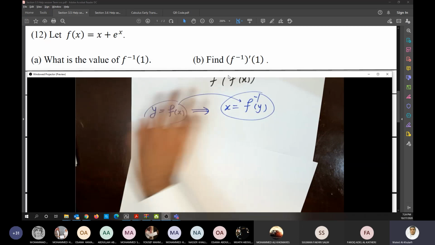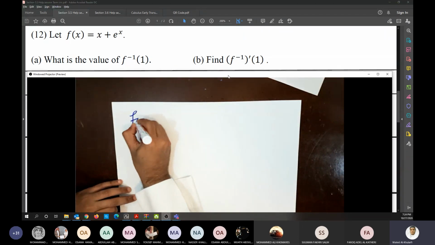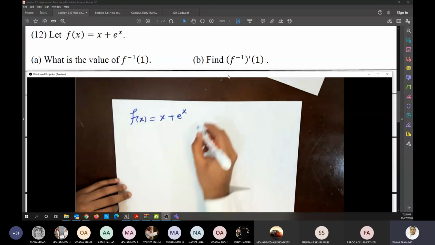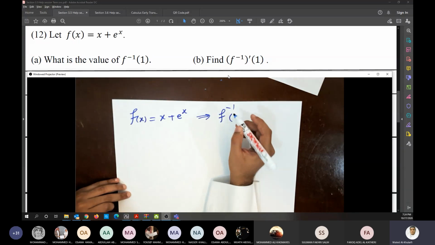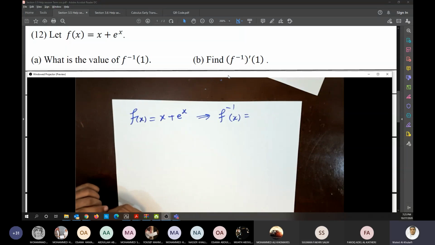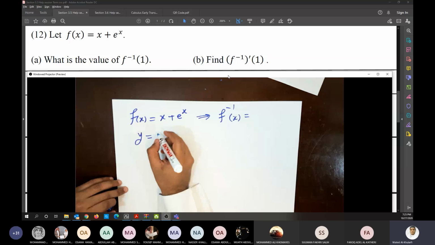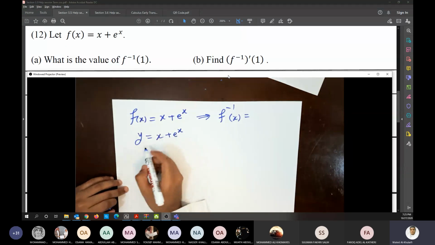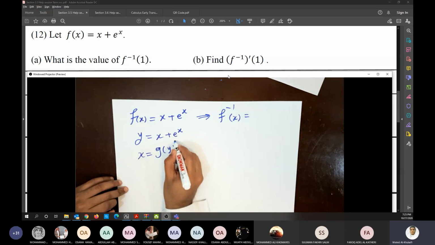Let me write it here: f of x equals x plus e to the x. If I asked how to find f inverse of x, what does it equal? Remember, guys, you put y equal x plus e to the x, and try to make x equal a function g of y, something like that. Okay.